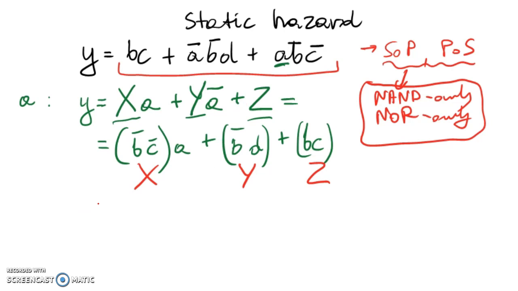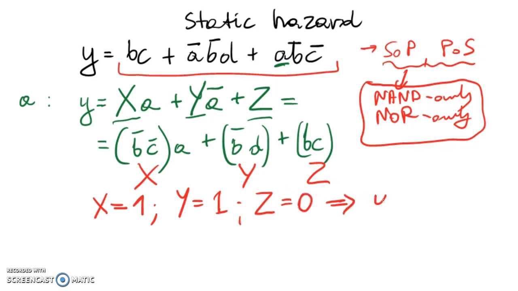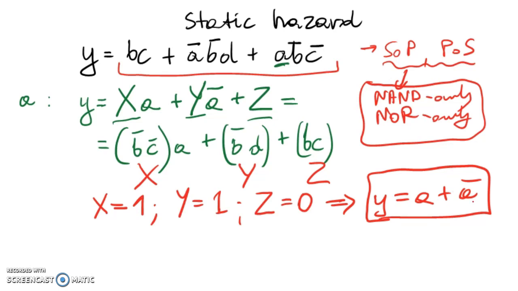So hazard would occur when you've got upper X equal to 1, upper Y equal to 1, and Z equal to 0. In this case, you would have A plus not A on the output gate. And as you remember, not A is delayed with respect to A, so the hazard will occur.